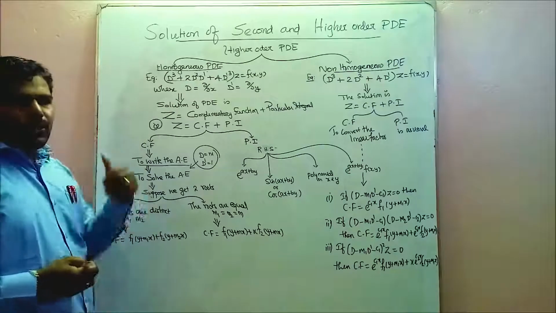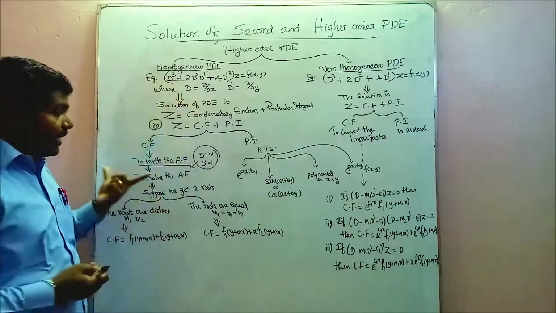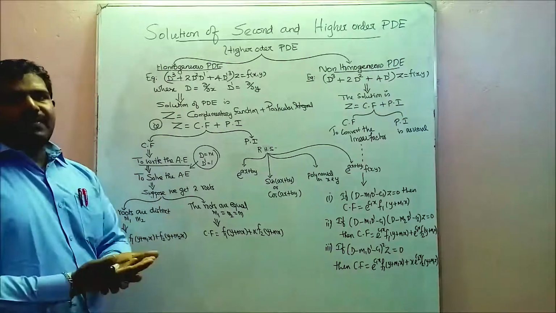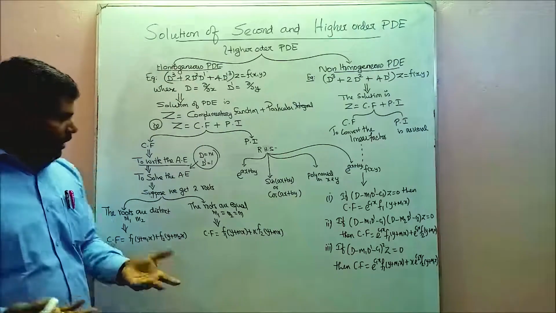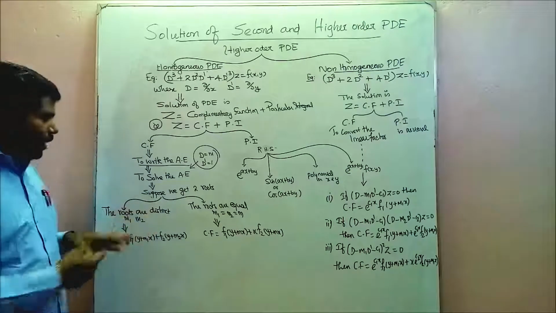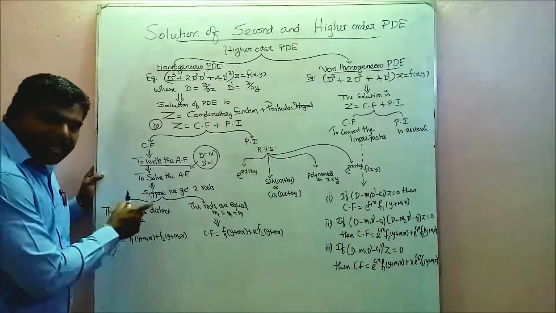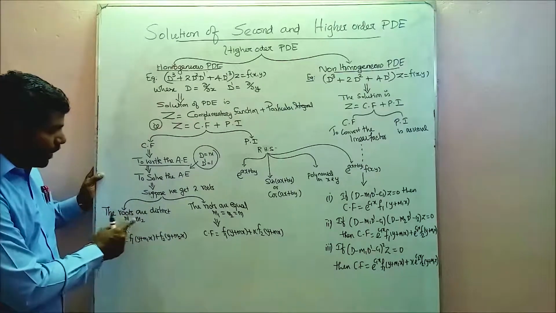Suppose we get two roots. If the given partial differential equation is second order, we get two roots. For a third order equation, we get three roots. Suppose we get two roots, then we have two cases. The roots are real and distinct, m1 and m2.